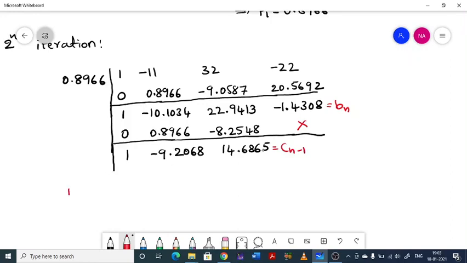Thus P2 will be P1 minus Bn divided by Cn minus 1.